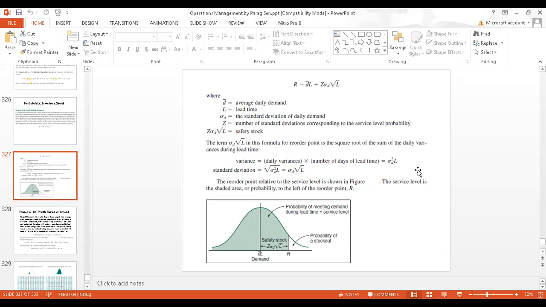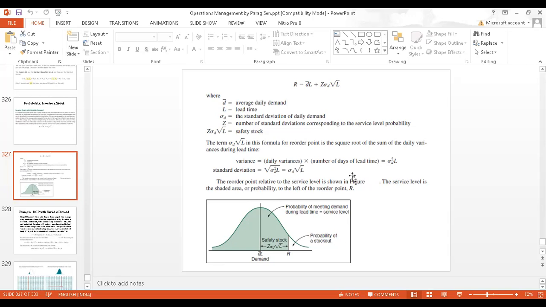This is given by sigma d square into L. This is the entire variance. And what will be the standard deviation of it? If you take the square root, it will again become sigma d into root L.